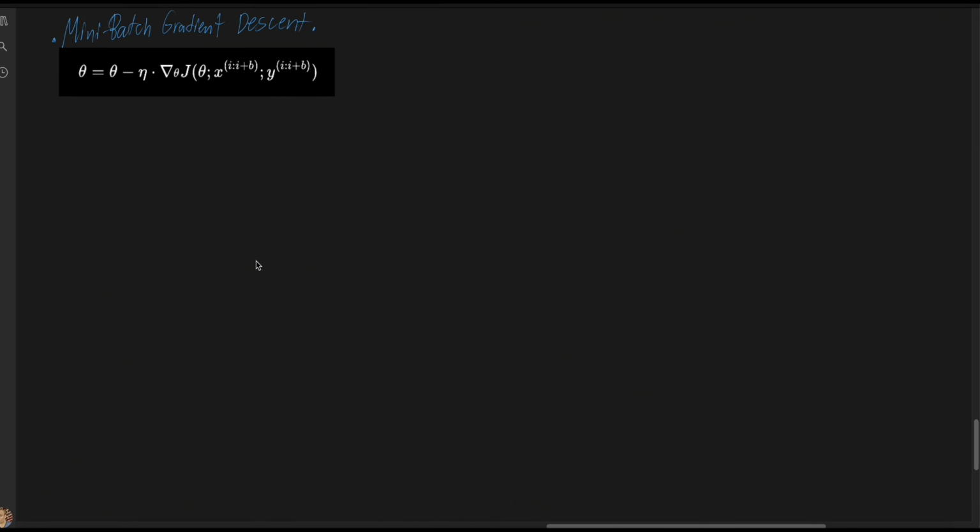And so mini batch gradient descent is an algorithm in the middle ground between batch gradient descent and stochastic gradient descent.